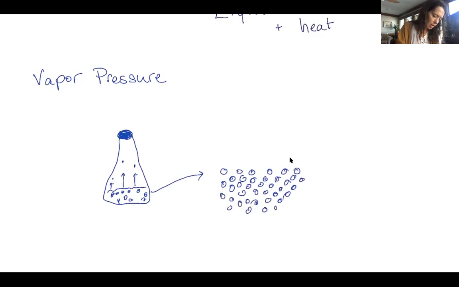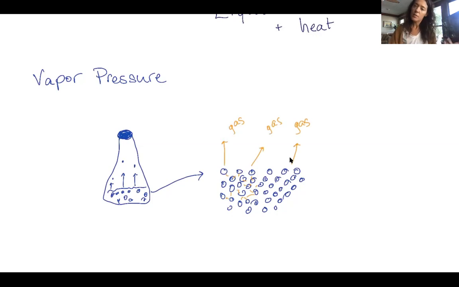The further down a molecule is, the more particles it's attracted to and it's stuck in place. But some of these are going to escape. They're going to break free and float at the top as gas particles. And you can see why it's going to be those at the top. It's easier for those to break free.